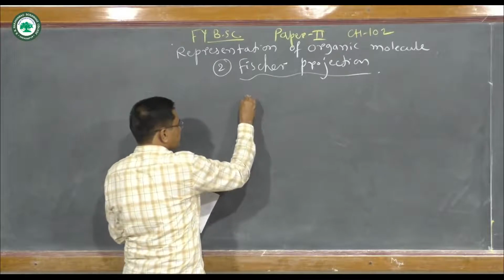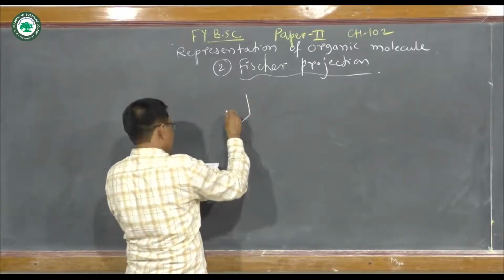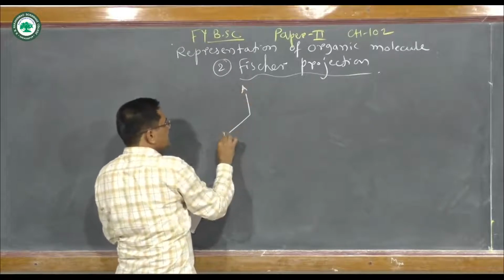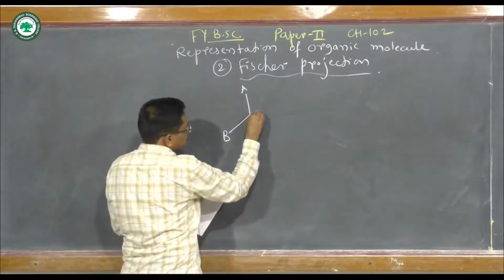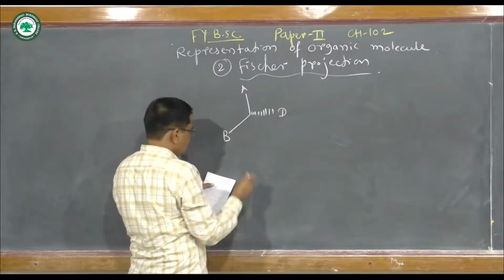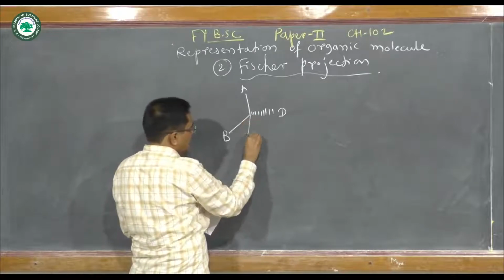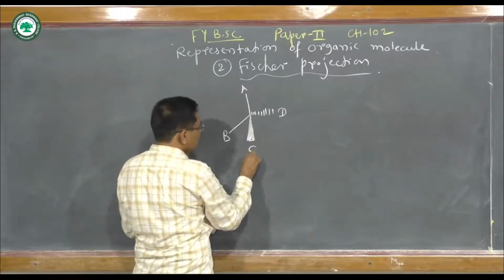Here we consider an example where A and B are in the plane, D is on the backside of the plane, and this wedge is in front of you.